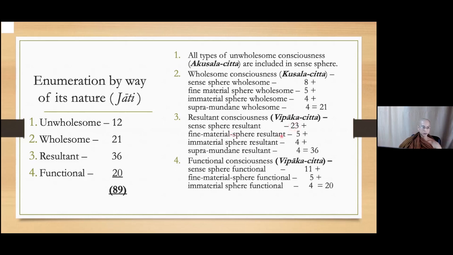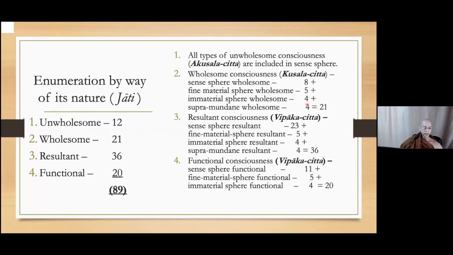And in the five material sphere, there is just the resultant of wholesome, that's why only 5, the same as the wholesome. There is no unwholesome resultant in the five material sphere, only wholesome resultant. That is why we get the same number. So five material sphere wholesome 5, and also five material sphere resultant 5.